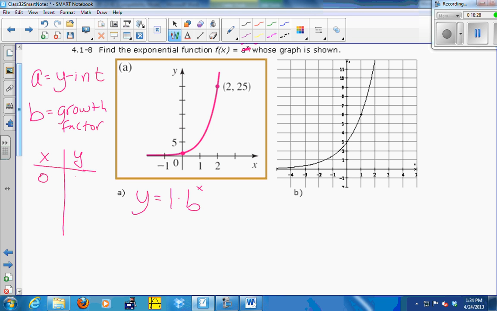I have 0, 1, and then I have 2, 25. And I skipped over 1. I don't have any information for 1 here. And what I want to do is figure out what is my multiplication factor. What am I multiplying by to get from term to term times something times that same thing? What can you multiply 1 by twice to make a 25?